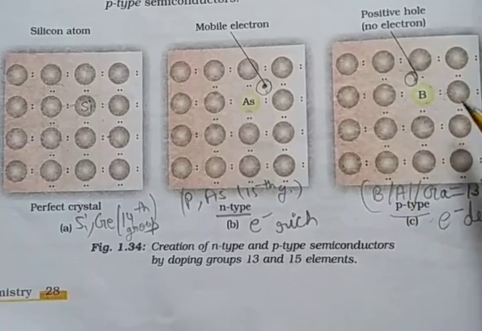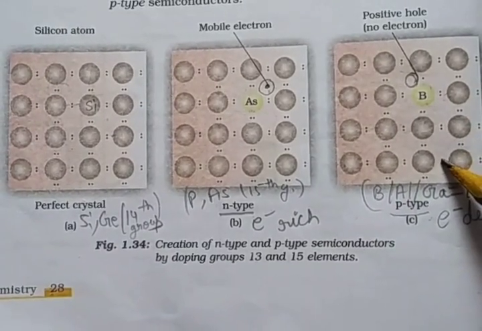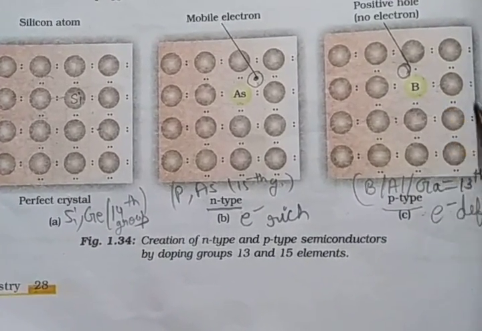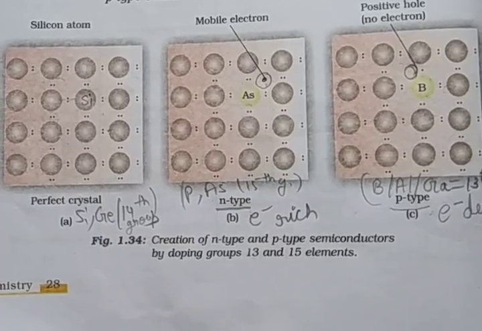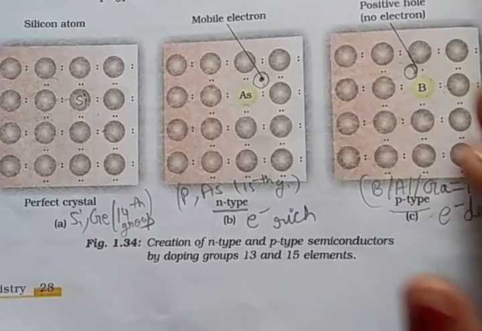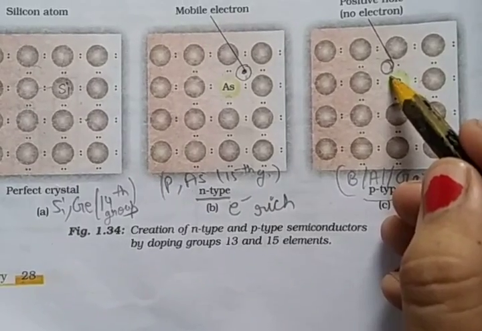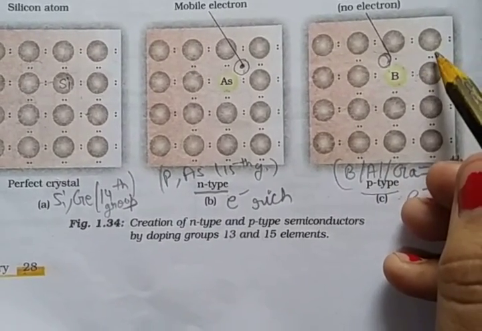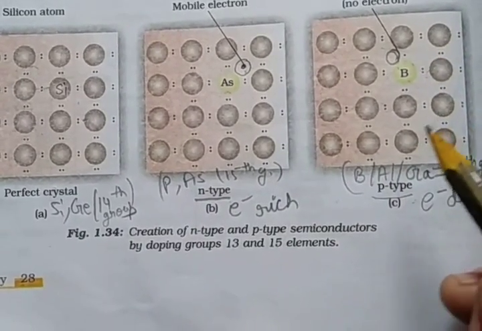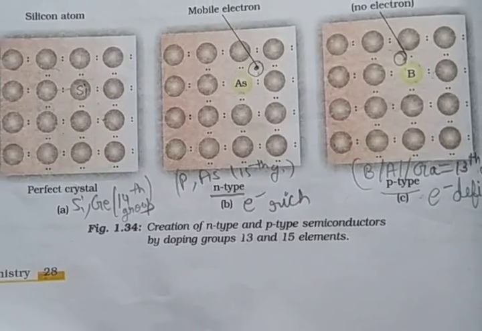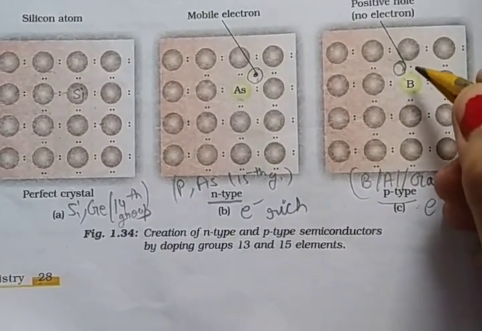Under the influence of an electric field, electrons would move towards the positively charged plate through electronic holes, but it would appear as if electron holes are positively charged and moving towards the negatively charged plate.